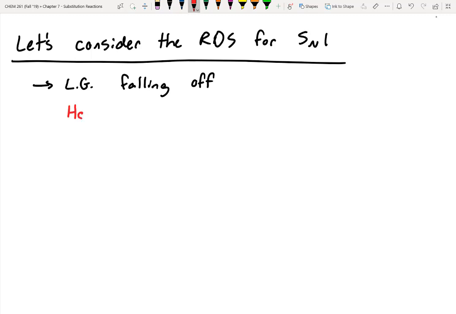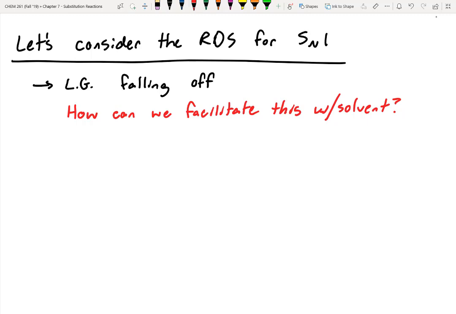How can we facilitate this? With solvent. What do you think? Rate determining step. Sorry, that should be a RDS. Rate determining step. Good question. Feel free to stop me if my chicken scratch makes no sense. All right, how can we facilitate the leaving group falling off with solvent?